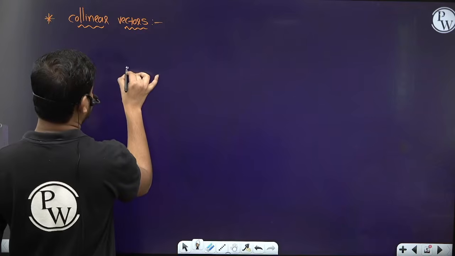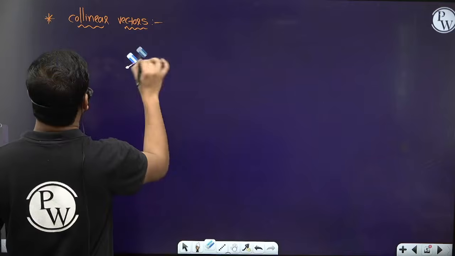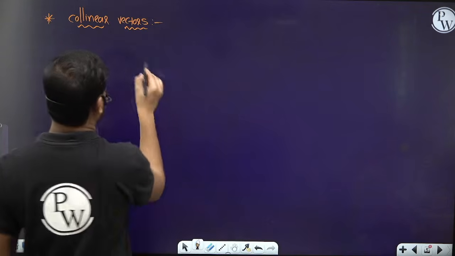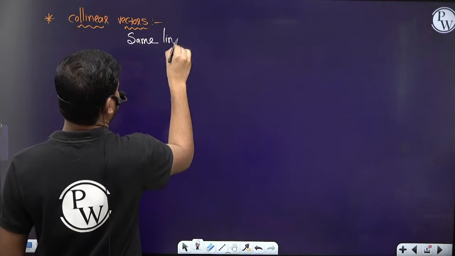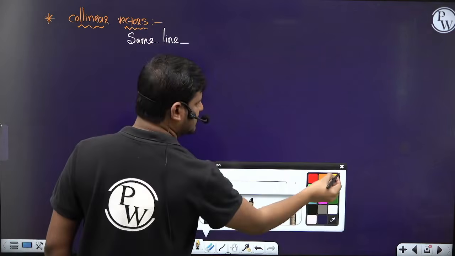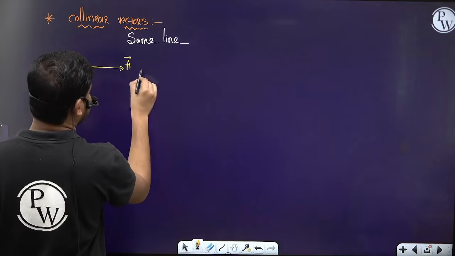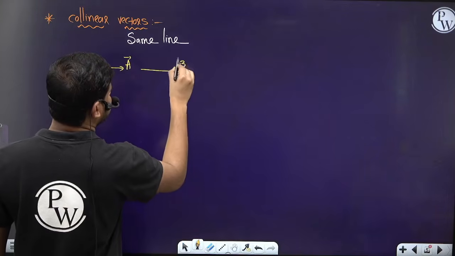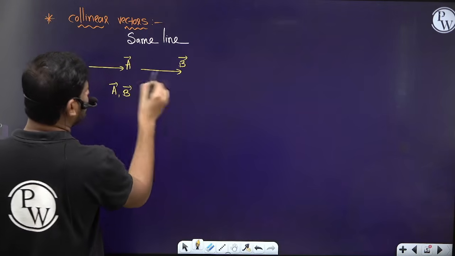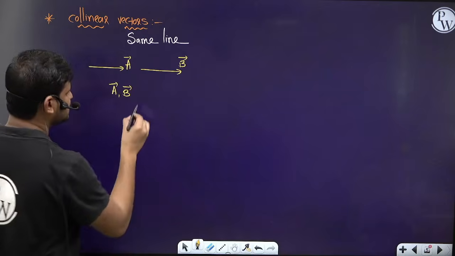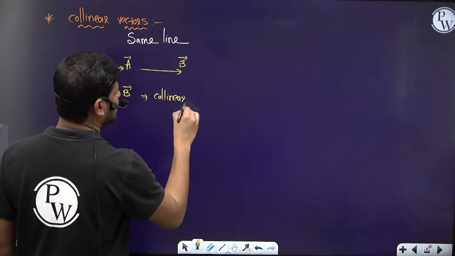For example, the collinear vectors lie in the same line, and they are said to be collinear. Let's suppose this is a vector A and this is a vector B. Here I can say vector A and vector B are along the same straight line. So they are said to be collinear.